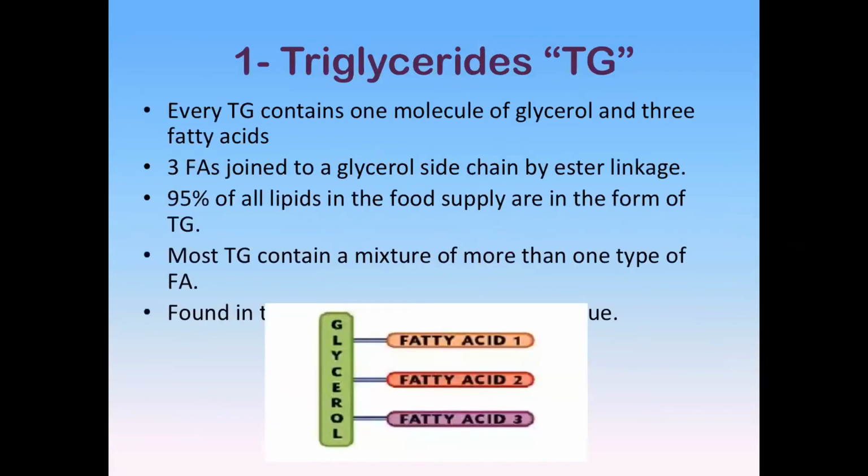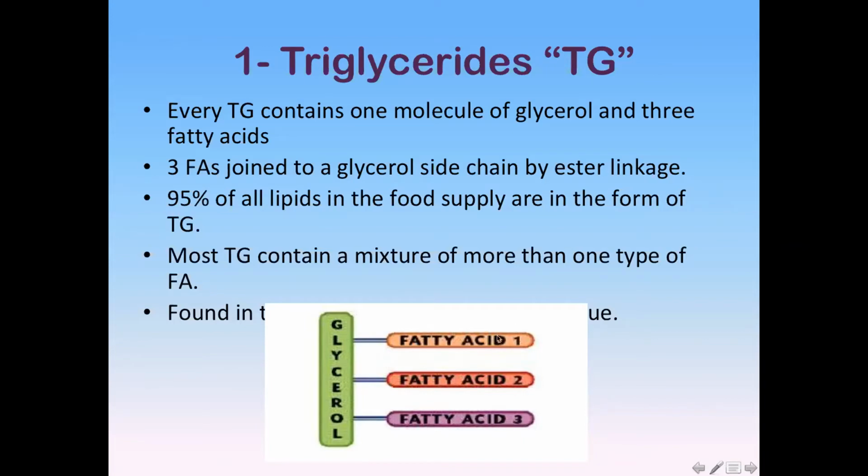We'll start with the triglycerides because they make up about 95% of the lipids in our body and also in the food. Every triglyceride contains one molecule of glycerol, which is this one, and then it's attached to 3 different fatty acids. It's not necessary that the fatty acids should be the same. So they have different fatty acid 1, fatty acid 2, and fatty acid 3.